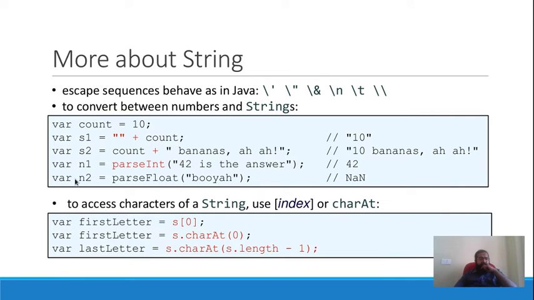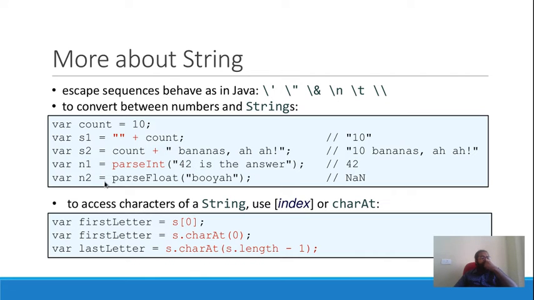Then you have var n1. Over here you are given a string, and you are using the function parseInt, which tries to parse the string and get you the integer in that string, and that returns 42.